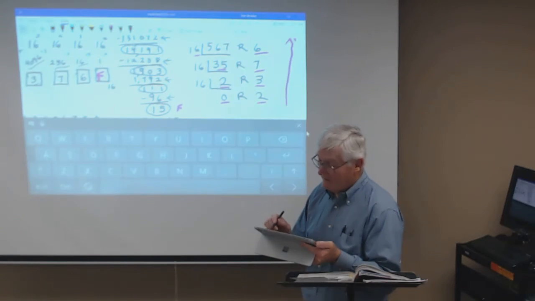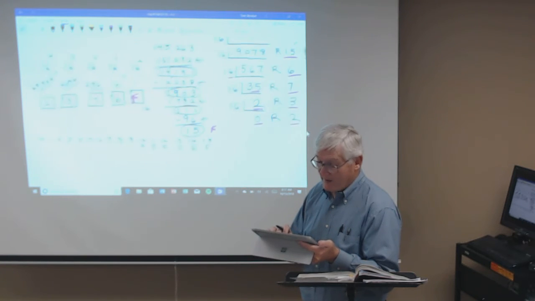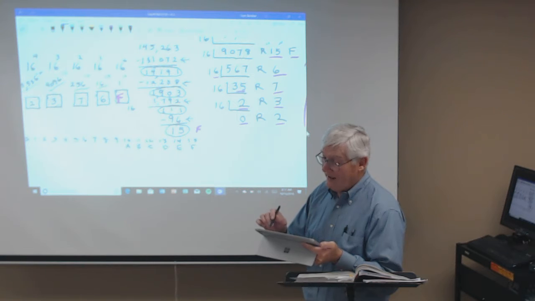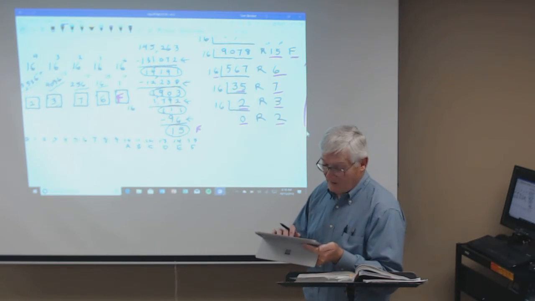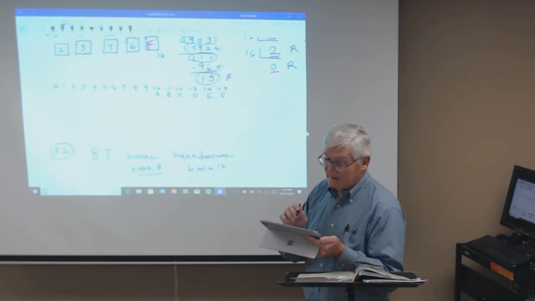Yeah, oh, there it is. 2, 3, 7, 6, F in the base 16. Oh, I had it down below and didn't scroll down there to see it. How sad is that?